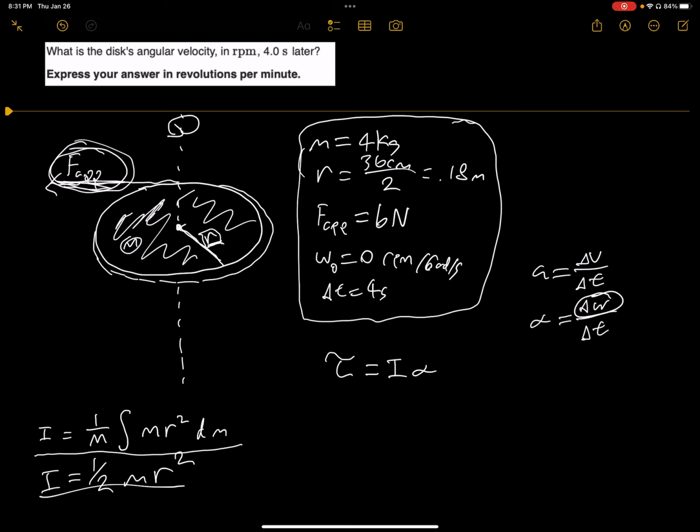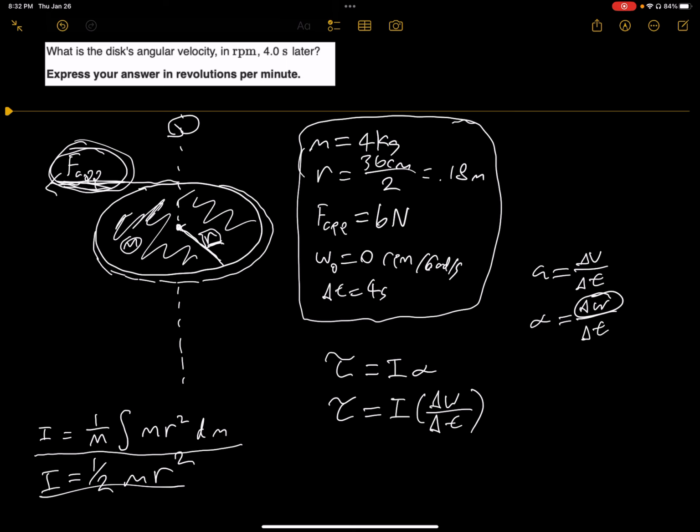So yes, here we go. And so we're solving for acceleration. So let's plug things in here. So torque equals moment of inertia times delta omega over delta t. Sorry, my omegas are not great.